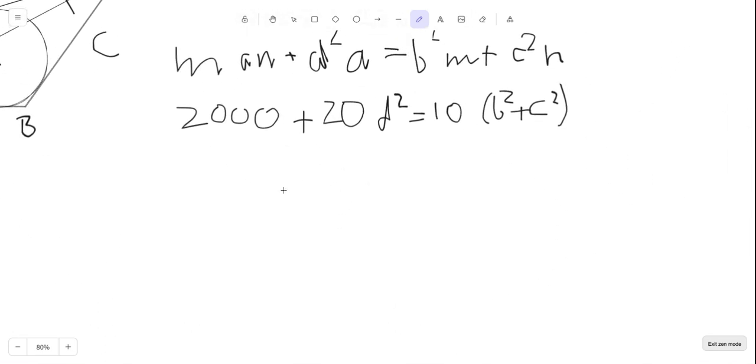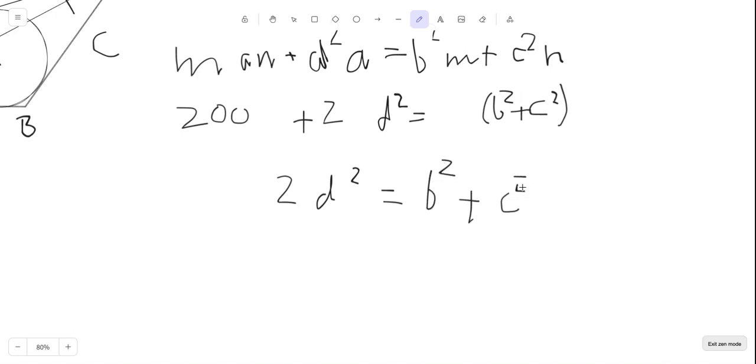Now if you divide both sides by 10 and subtract 200 from both sides, then you get 2d squared equals b squared plus c squared minus 200.